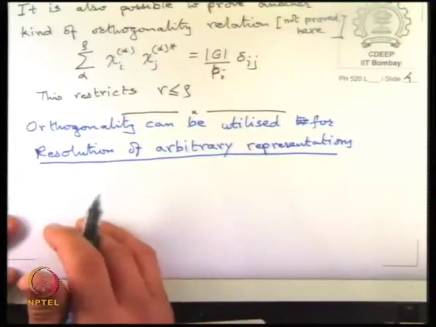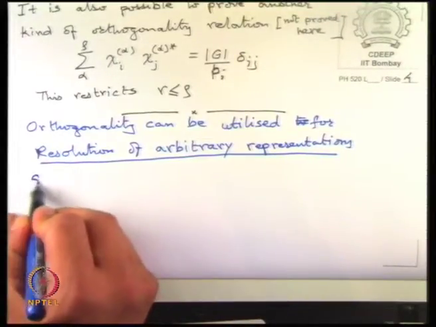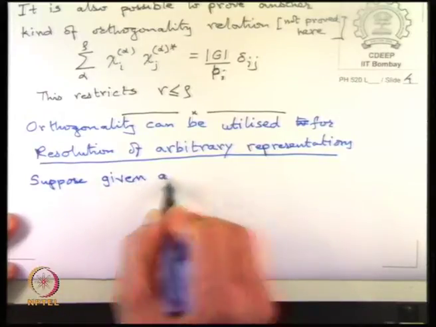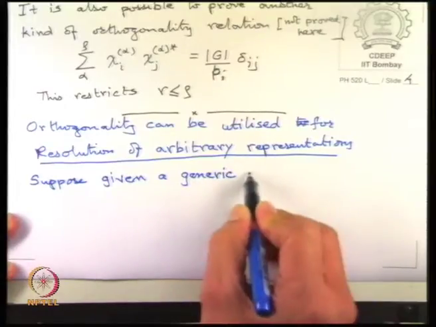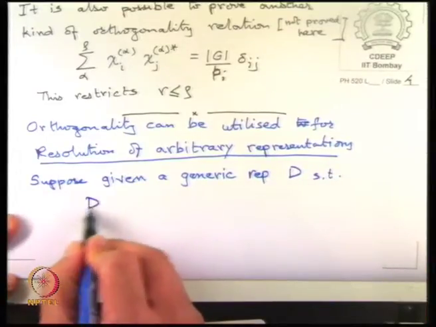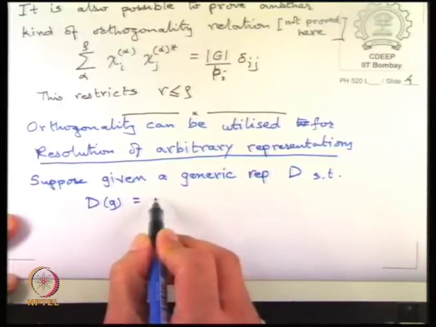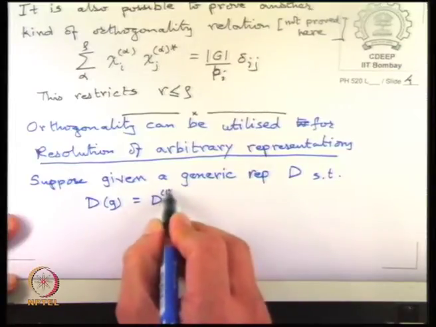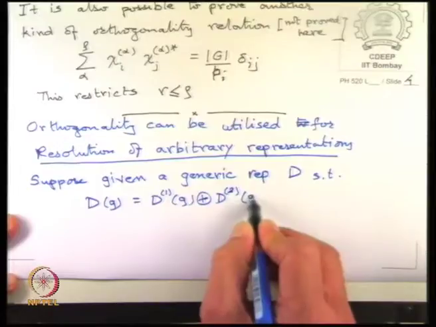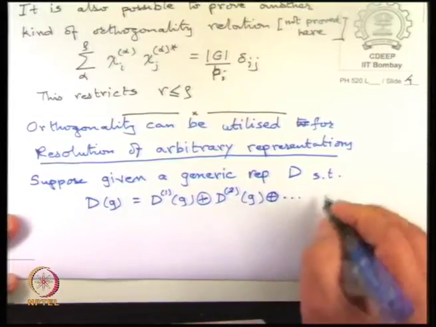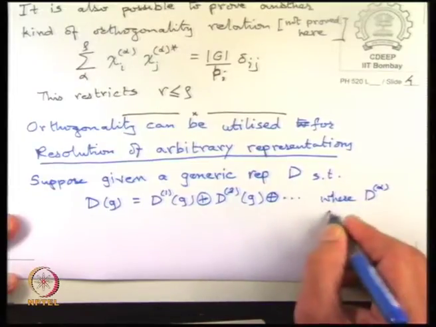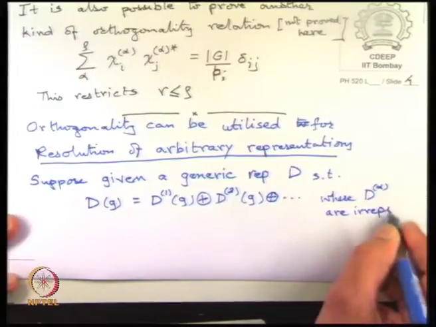So suppose we are given a generic representation D such that D of G is equal to, and the way we write it is D1 of G plus, so it is a direct sum, where the D alpha are irreps, and this means direct sum.